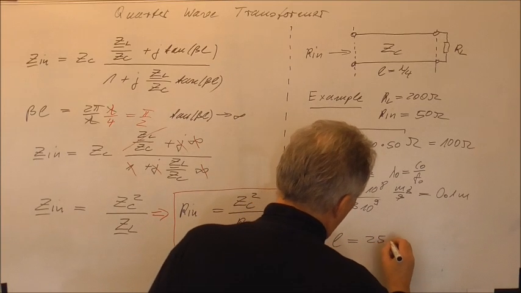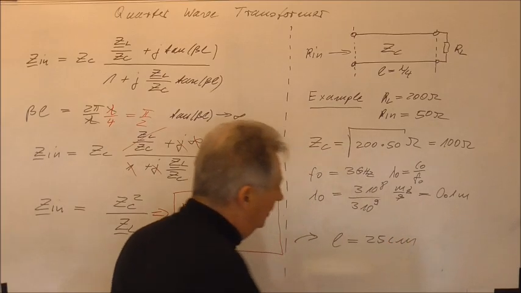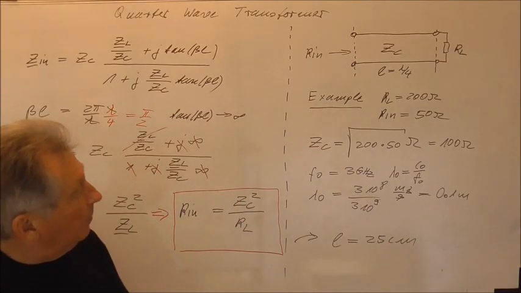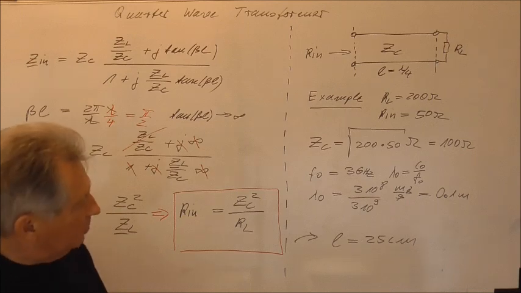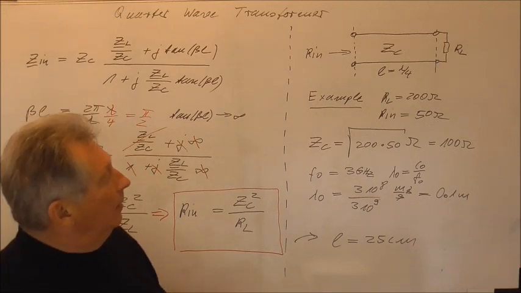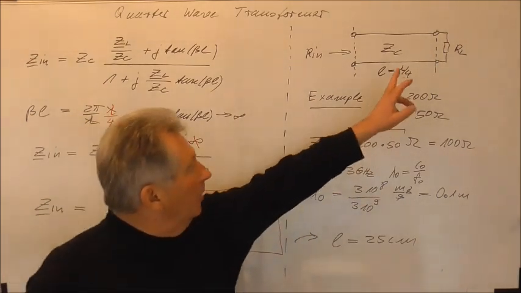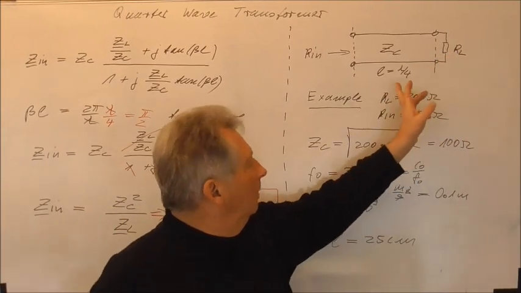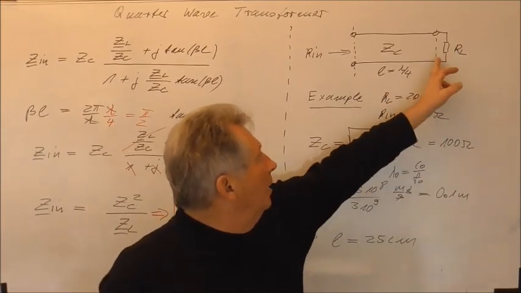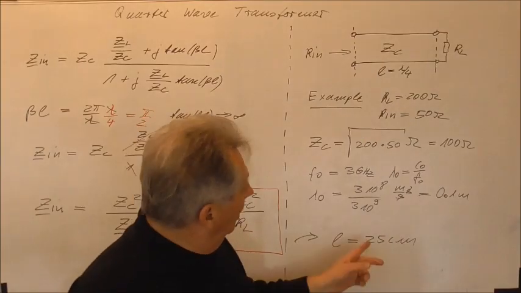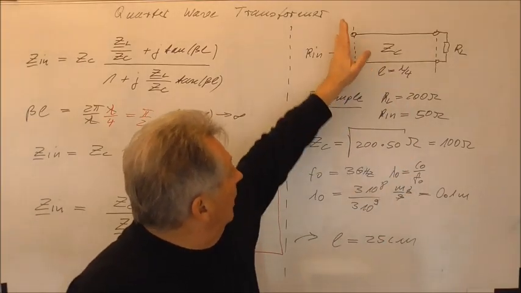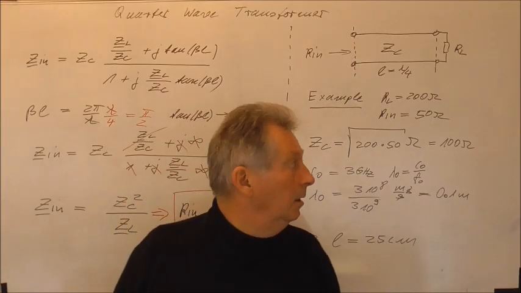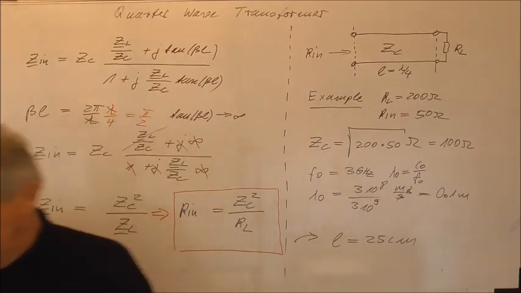25 centimeter. If I use a length of 25 centimeters of this part of the transmission line, then we will transform a load of 200 ohm into 50 ohm, and we will have a matching again at the input of this quarter wave transformer.